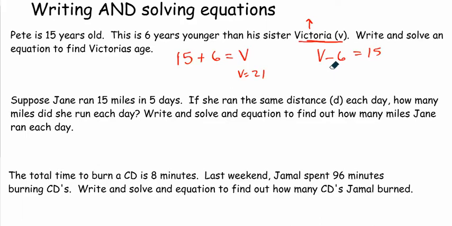Then if you solve that equation, you'd add 6 to both sides, and you were left with Victoria's age equals 21. Same thing.